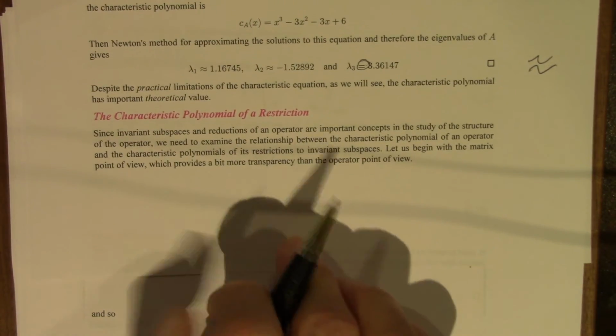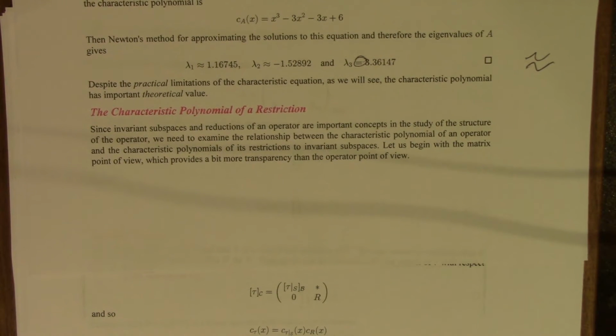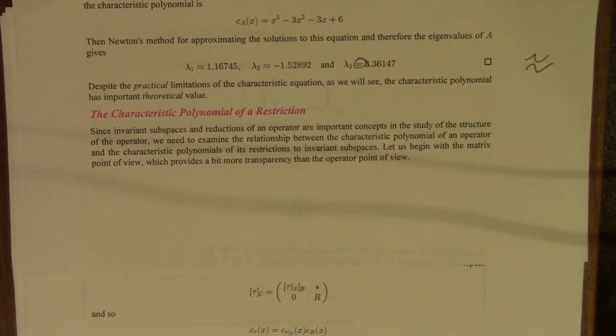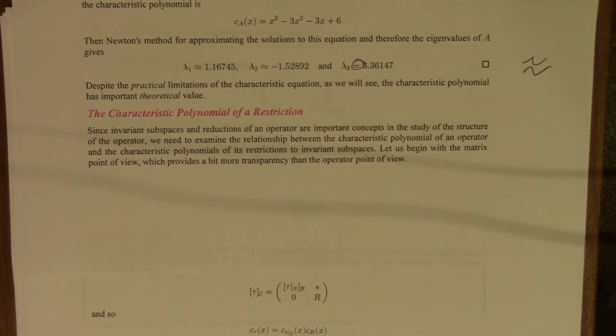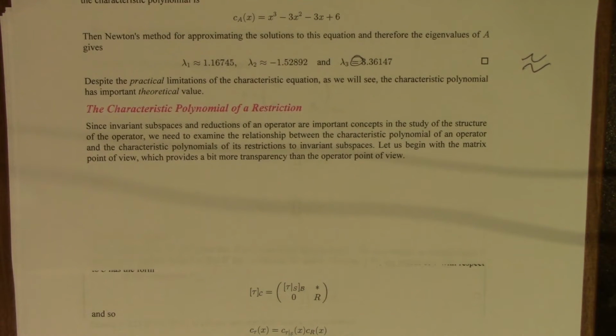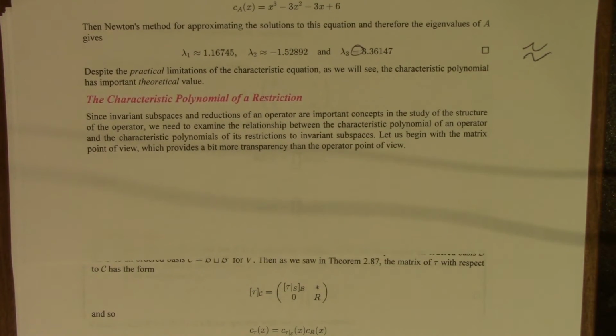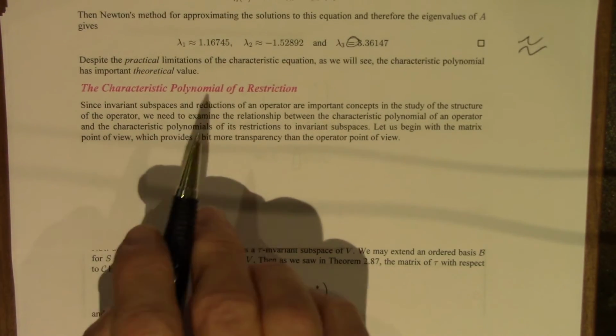Okay. Despite the fact that there are practical limitations to the value of the characteristic equation, it has a great deal of theoretical value, as we will see as we proceed. Okay.